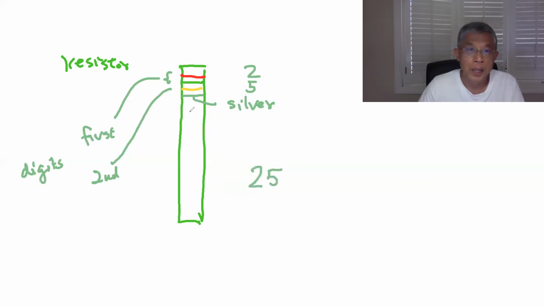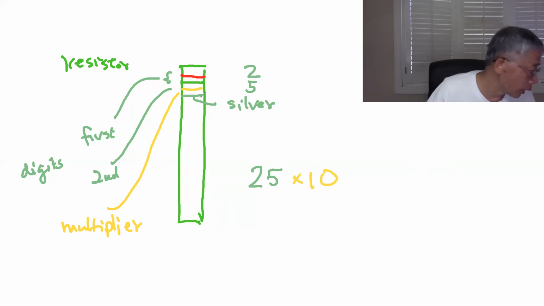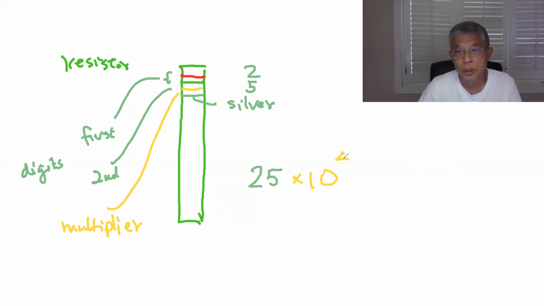And this yellow is a multiplier, a power multiplier. So it's times 10 to the power of the yellow, and yellow is 4. So that's the resistance: 25 times 10 to the 4 ohm.